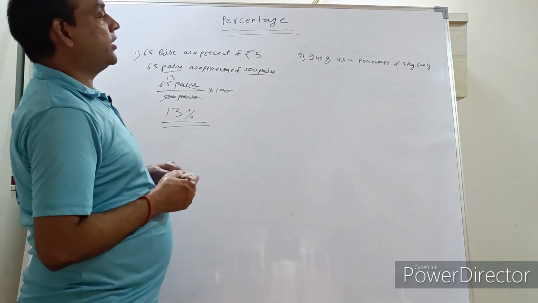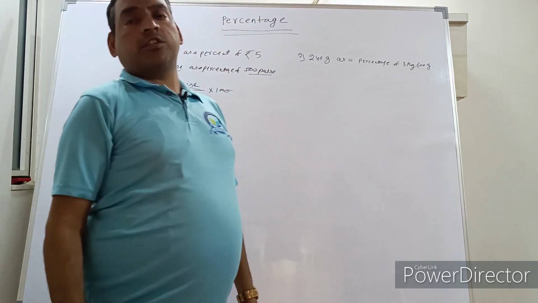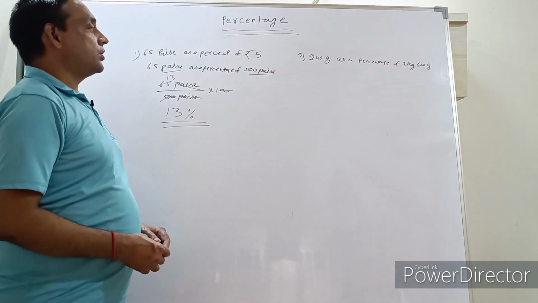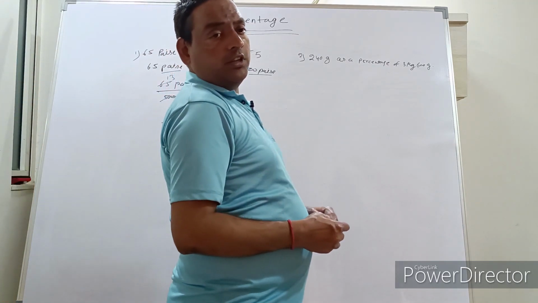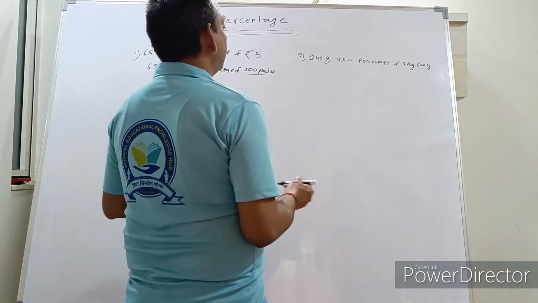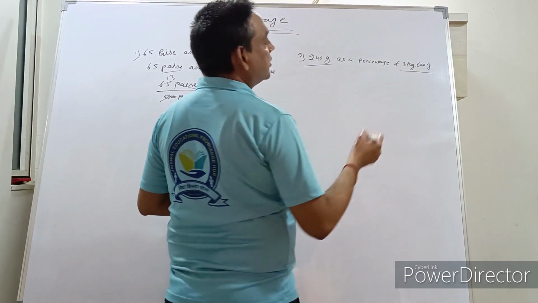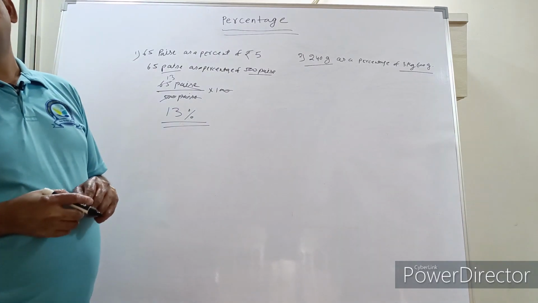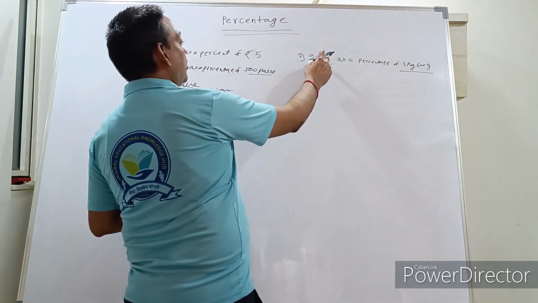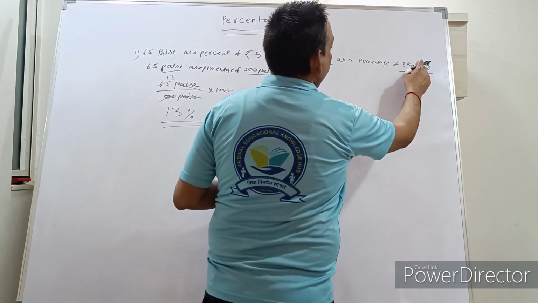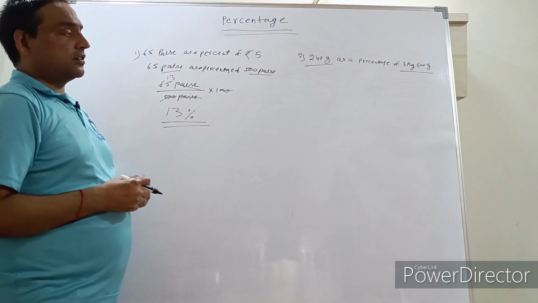Okay, next one is 240 gram as a percentage of 3 kg 600 gram. Now the first one we have is 240 gram and the second we have is 3 kg 600 gram. So first thing, we have to convert both into the same unit. Again, since this is the smaller one and this is the bigger one, 3 kg we have to convert into gram and add the 600 gram.